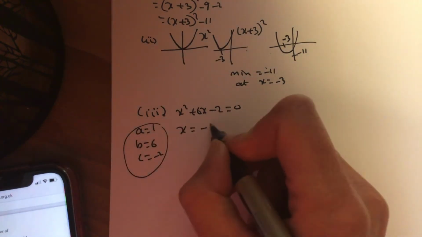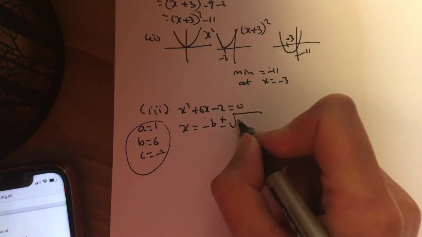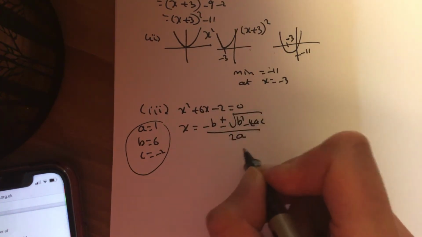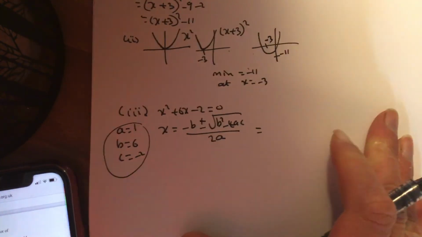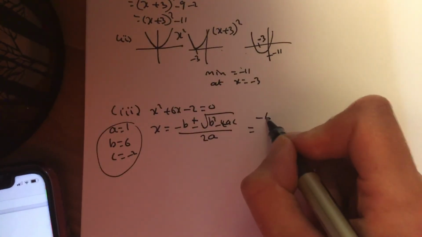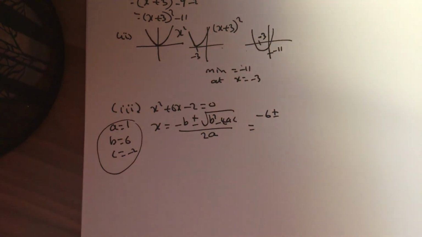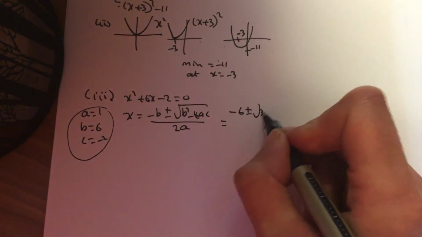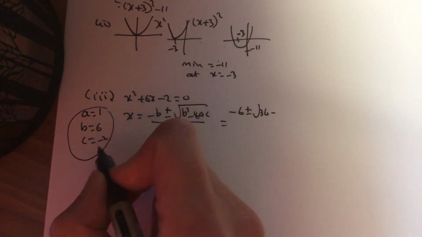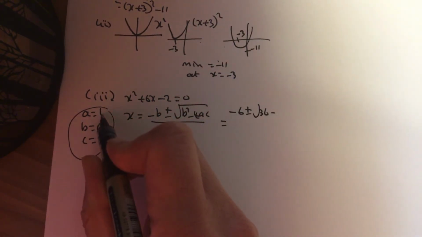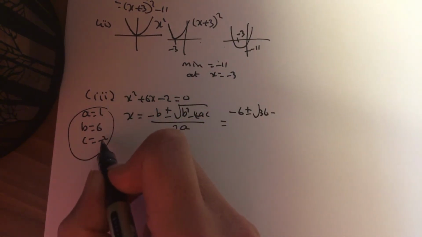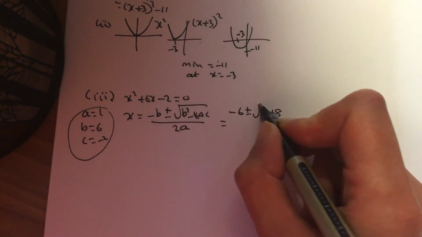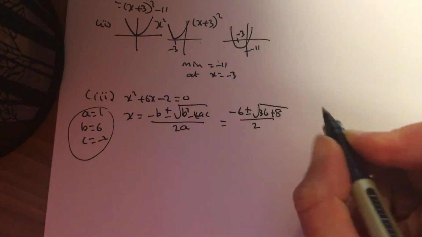So x is minus b plus or minus the square root of b squared minus 4ac, all over 2a. So b is minus 6 plus or minus the square root of b squared, so that is 36, minus 4 times a times c. 4 times 1 is 4. 4 times minus 2 is minus 8, so it's minus 8, plus 8, all over 2.